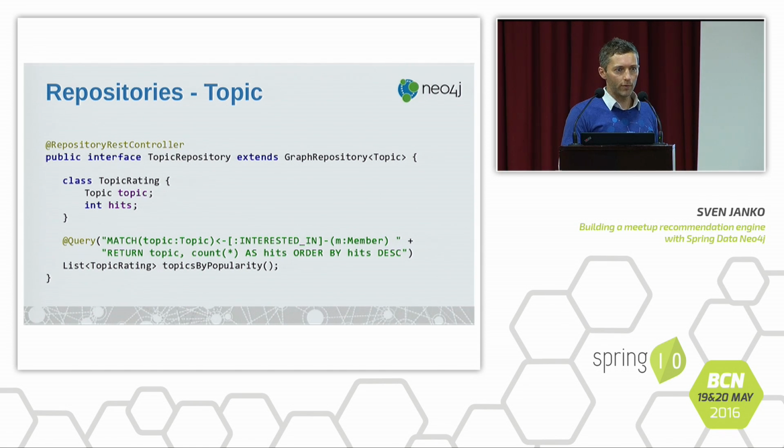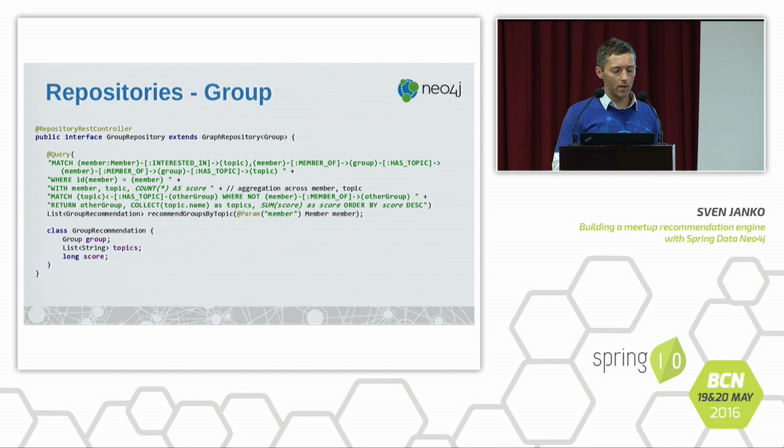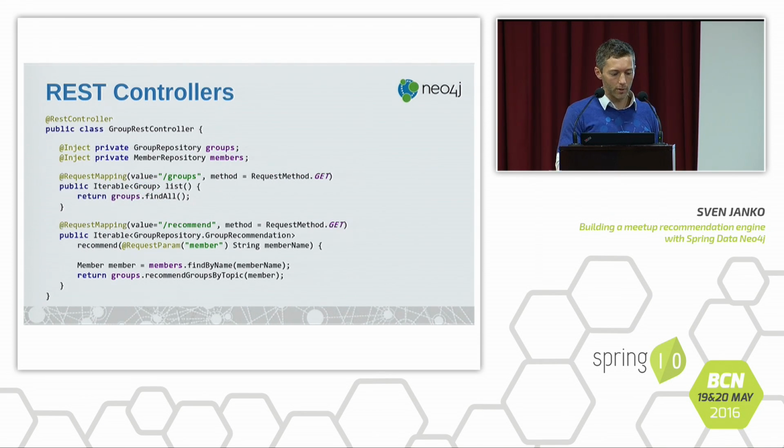That's one way of defining a repository by annotating it with the repository REST controller annotation. And another way of defining a REST controller, a bit more sophisticated, which I was talking about here, is defining it by a REST controller, actually.